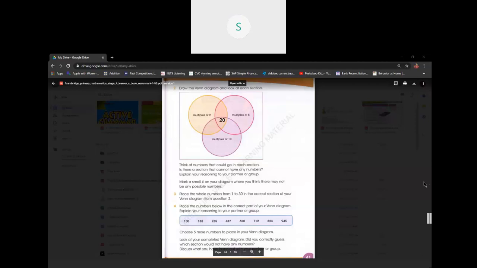Wait, guys, you can put 10 on the multiples of 5 and 2. Yeah. 10 can also be in multiples of 2 and multiples of 10. So what else? You can put for multiples of 10 and 5, 50.